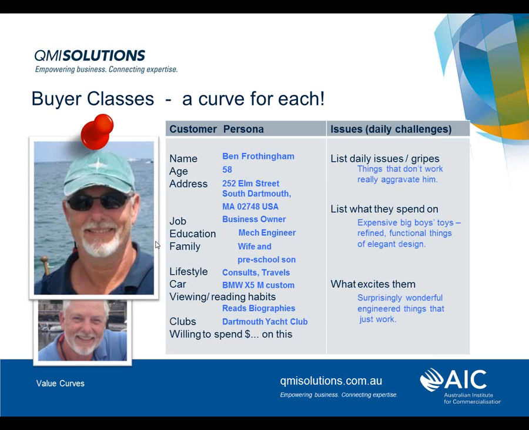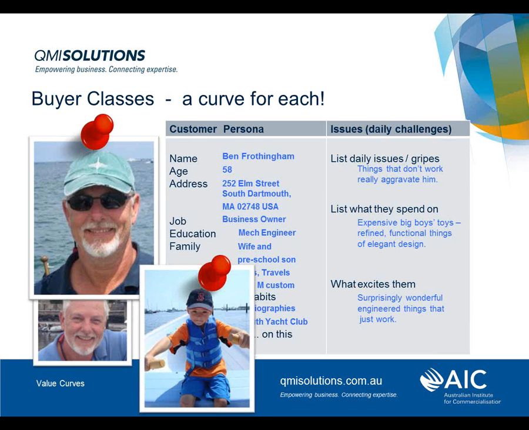Just for example here, a client came up with this as a persona for one of their target segments in buying marine equipment. This was the ideal customer and very much represented their major customer segment where most of their money came from. And old Ben here was their target. But how to sell to Ben was a difficult task. He wasn't actually buying as quickly as he ought to. But then they realized that while Ben might be the purchaser and the user, there's in fact an influencer behind here.